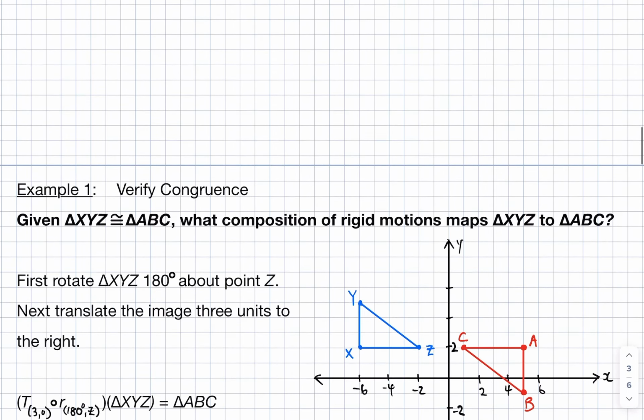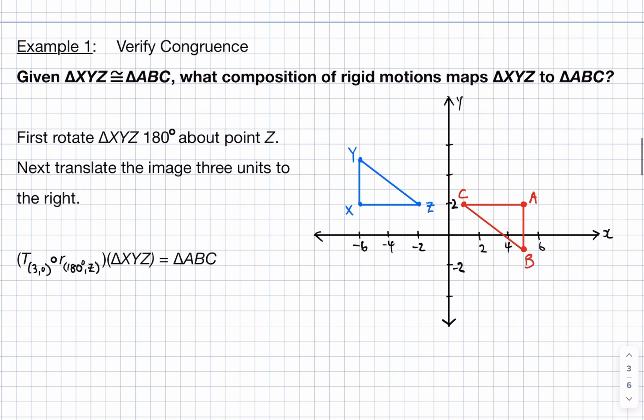Okay, so let's take a look at this particular example, example 1, and we're going to verify congruence. Okay, so what we're told here is that given triangle XYZ, this triangle is congruent to ABC. So we're told that they're congruent. The question here is, what composition of rigid motions maps triangle XYZ to ABC?